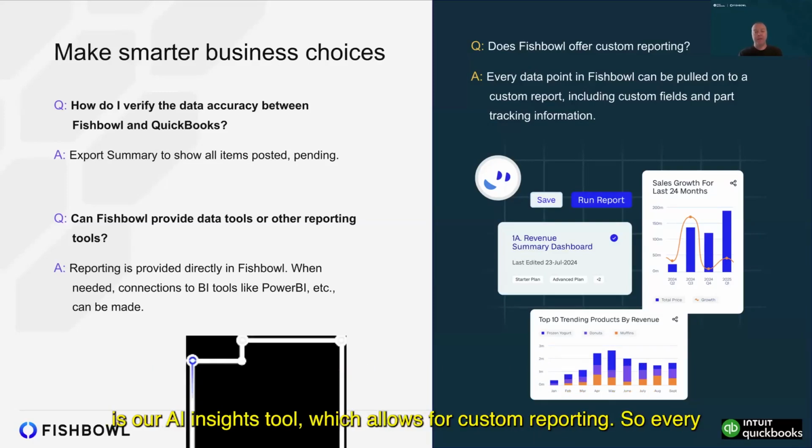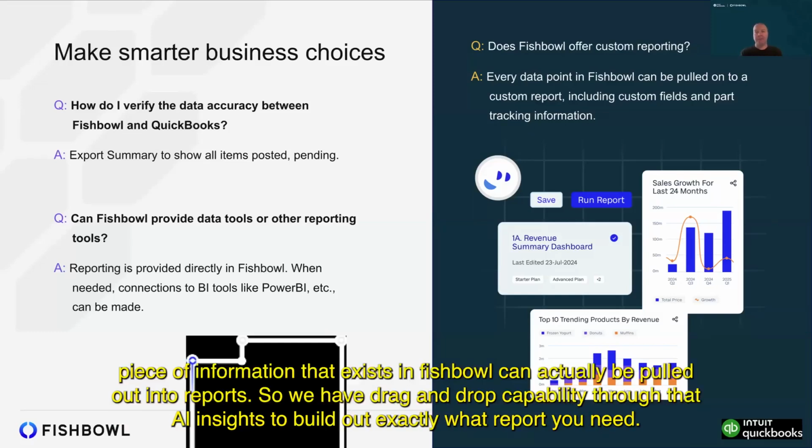Another one of those ways is our AI Insights tool, which allows for custom reporting. Every piece of information that exists in Fishbowl can actually be pulled out into reports. We have drag and drop capability through AI Insights to build out exactly what report you need.